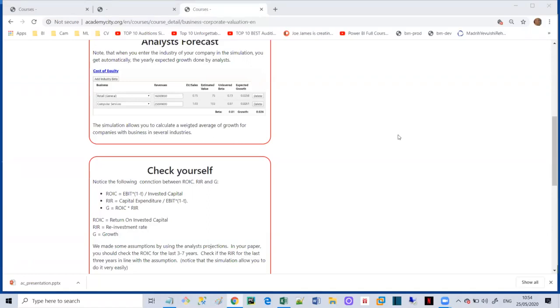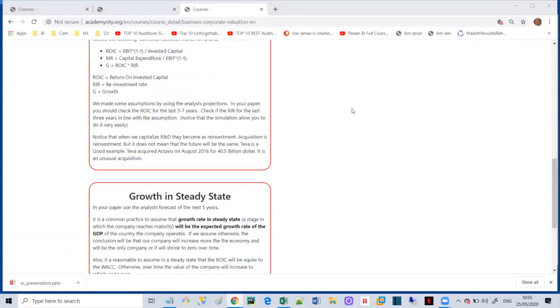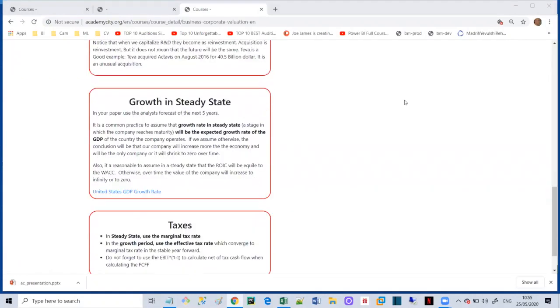Okay? So assuming something different than the growth rate of the economy will be nonsense, because we're using the golden equation, and the golden equation assumes infinity. So any assumption using a growth rate higher than the growth rate of the GDP will be almost nonsense. Therefore, in real life, what people usually use is the growth rate of the economy.